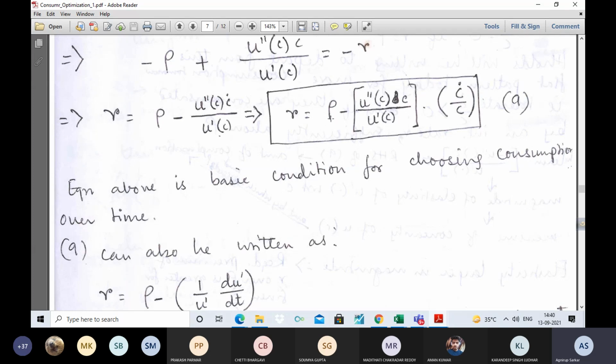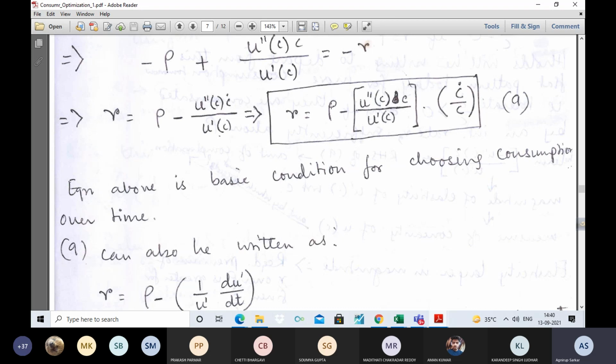So R has to be greater than rho if households tolerate some positive growth in consumption, right? So if households are to tolerate C dot by C greater than 0 rather than C dot by C being equal to 0, because keep in mind households would any day prefer C dot by C to be equal to 0, that would be possible only if they are compensated by an interest rate R that is considerably higher than the rate of time preference rho.